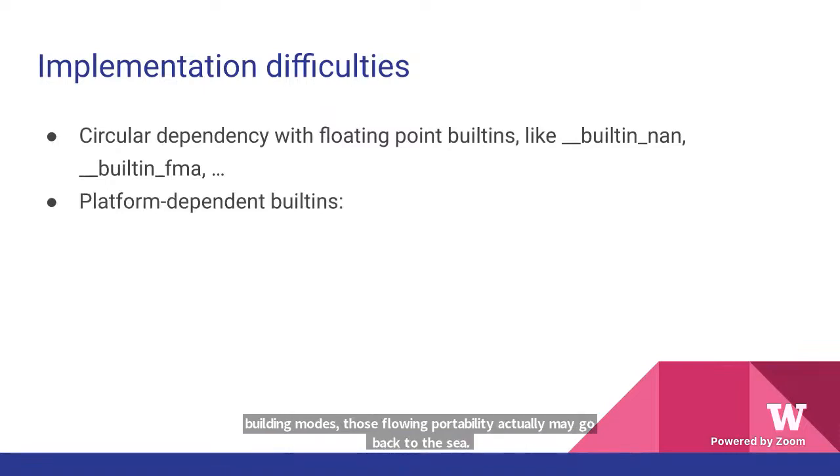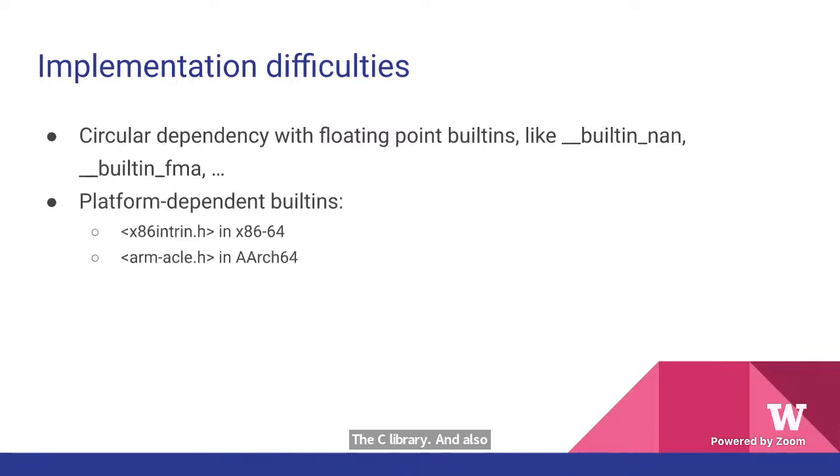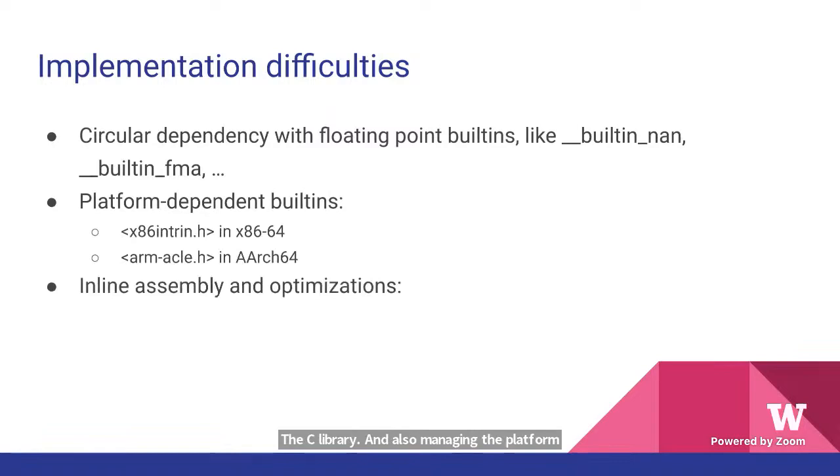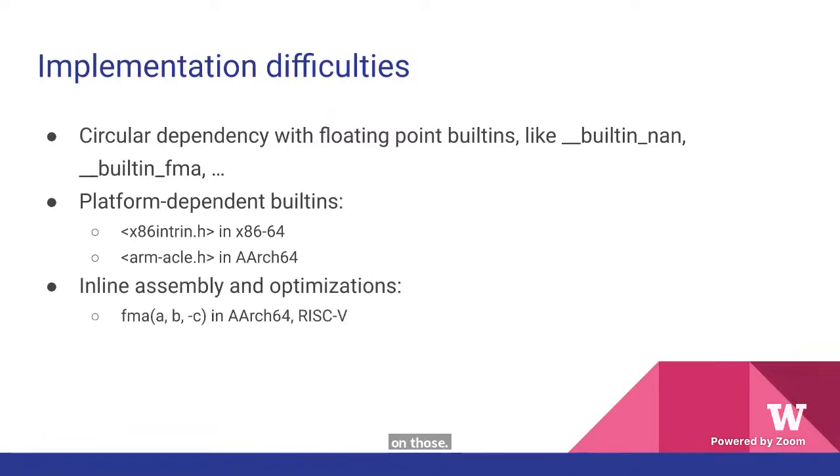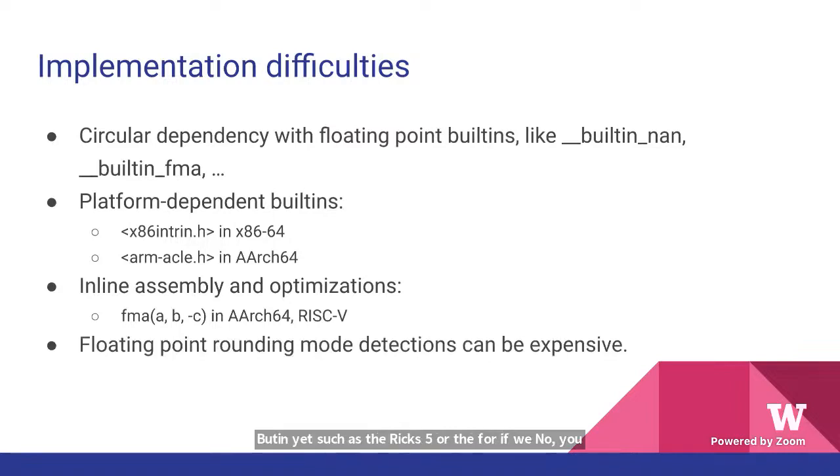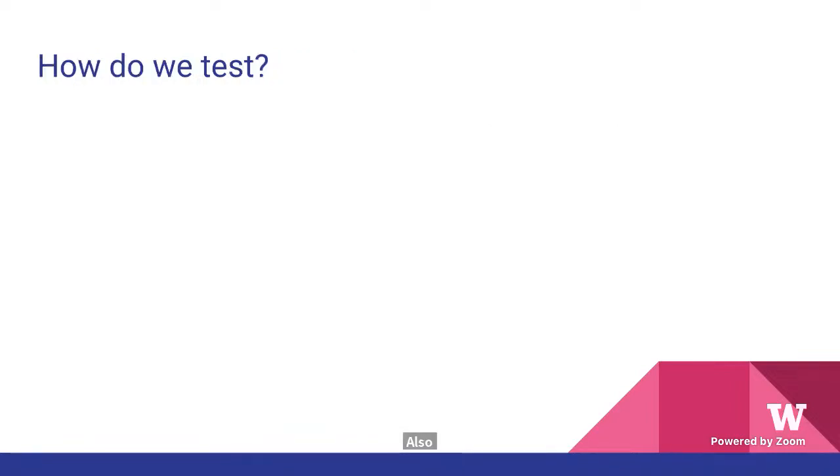There's also managing the platform dependence, and the problem with optimizations on new platforms that don't have the compiler builtin yet, such as RISC-V or AArch64, if we don't rely on the builtin FMA. Also, detecting rounding modes for exceptional cases can be expensive.